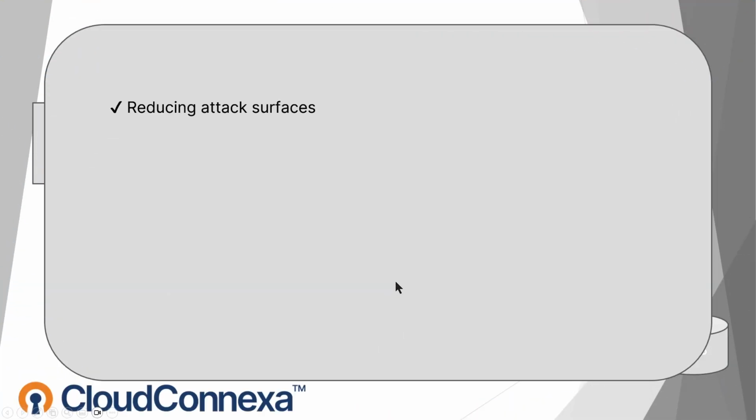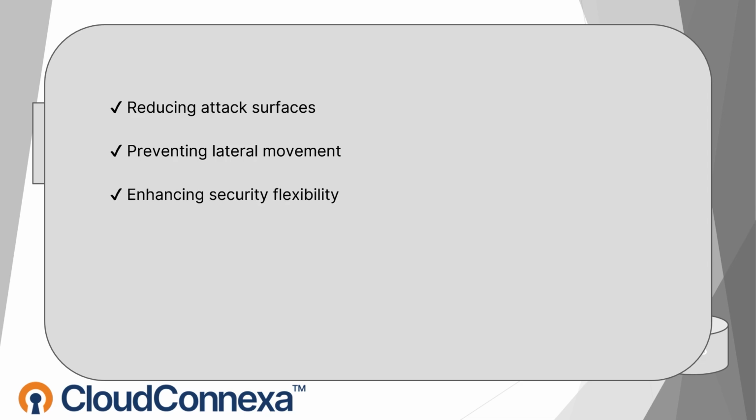So why does this matter? Zero trust with identity-based access control helps organizations by first reducing the attack surface. Unauthorized users can't access sensitive applications, preventing lateral movement. Even if an attacker breaches one part of the network, they can't move freely. Enhancing security flexibility is the next one.